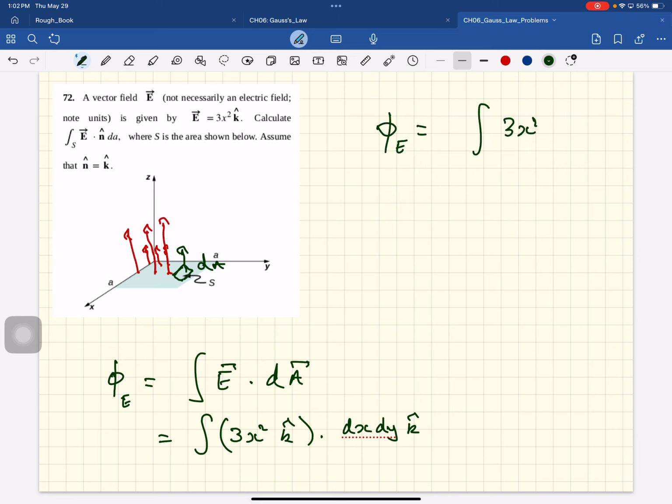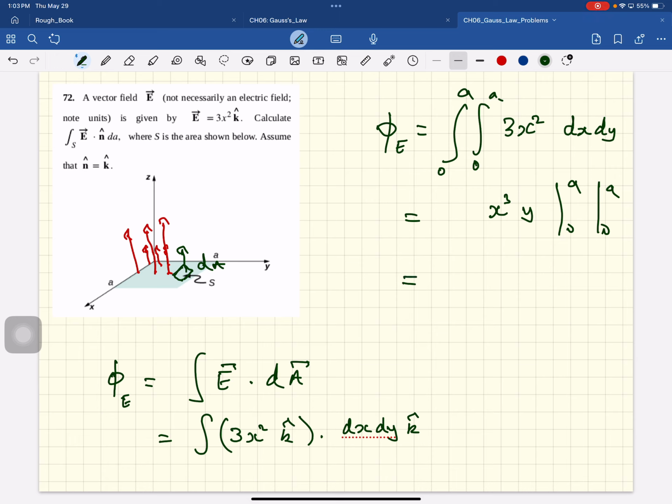So 3x squared dx dy, and x and y go from 0 to a, 0 to a. So the result is a to the power 4.